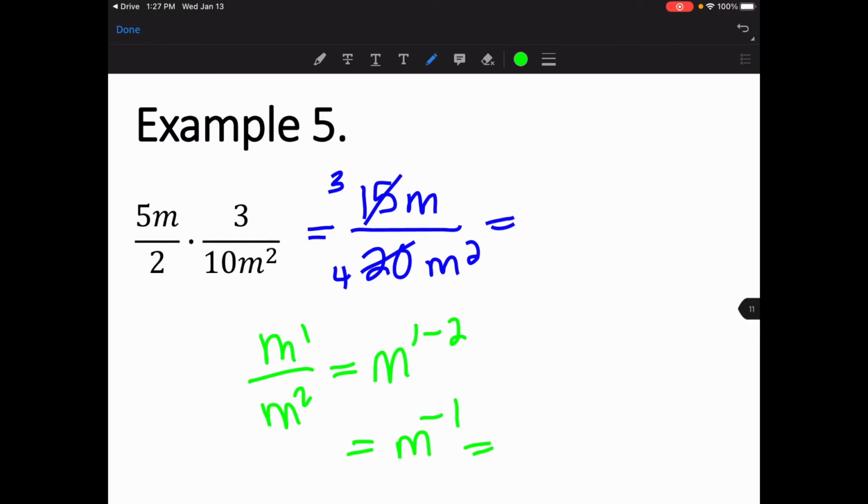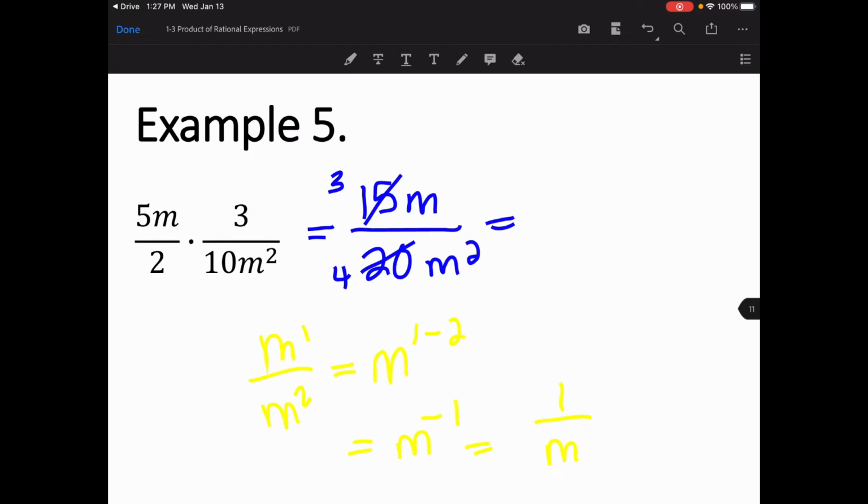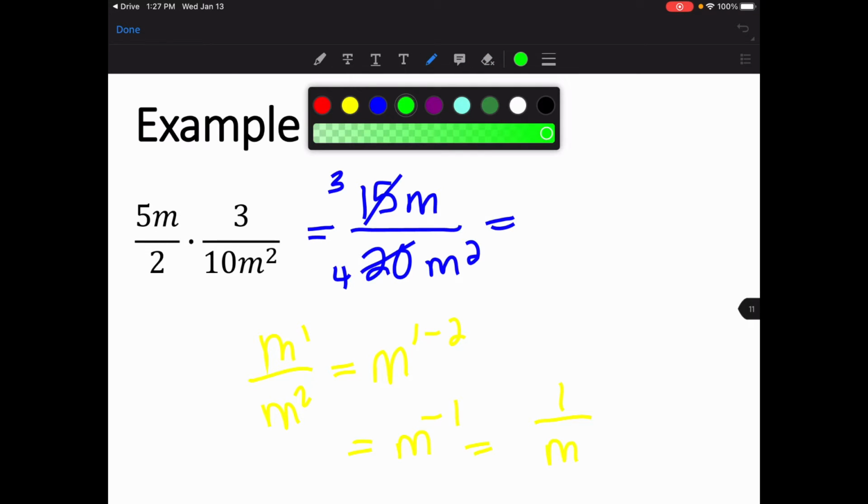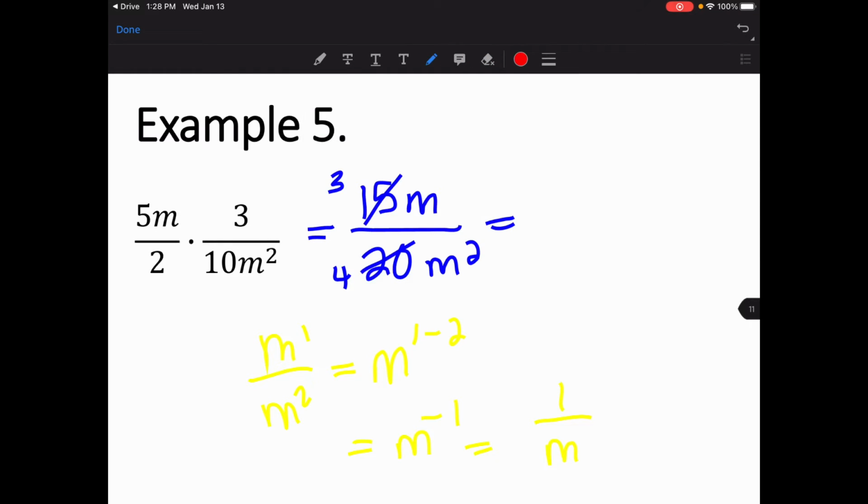Therefore, we can rewrite this as a reciprocal, 1 over m. Or if you look up here, we have m over m squared. I have 1 m here, and m squared means there are 2 m's. So I have m on the top and m on the bottom, and m divided by m gives me 1. So you can also do that, or you could use the properties of exponents. Either one is going to give us the same answer, 1 over m.